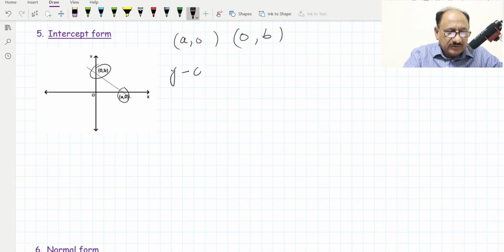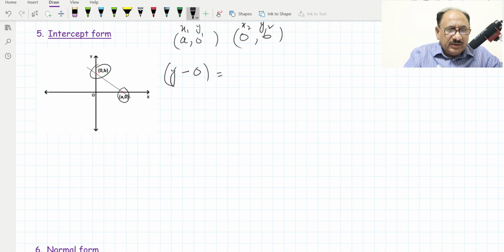So y minus y1, we can take this as y1, this is our x1, y1, this will be x2, y2, and now y minus y1 is equal to m.